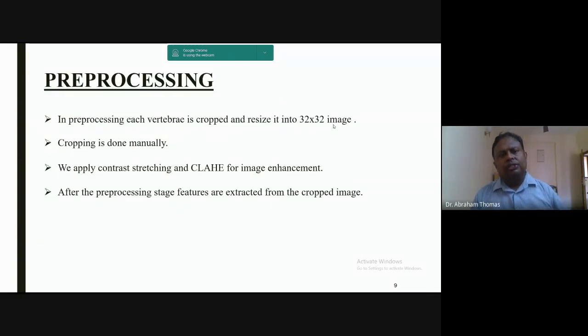Later on, we'll have to use some bounding box detection algorithm like YOLO or SSD to automate that process, and then that region can be cropped and resized into the 32 by 32 image. We apply contrast stretching and CLAHE for image enhancement. After the pre-processing stage, features are extracted from the cropped image.